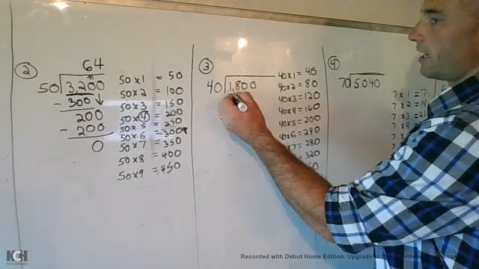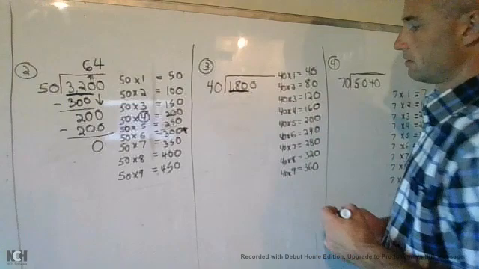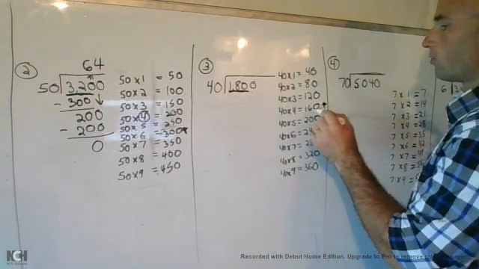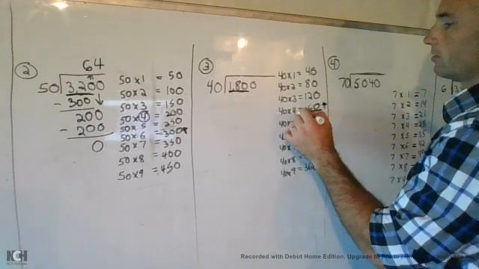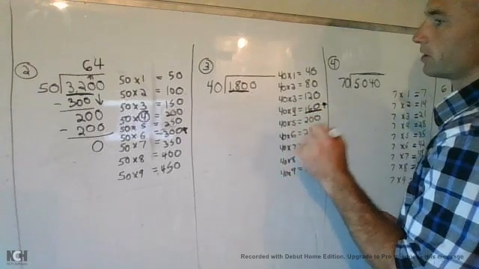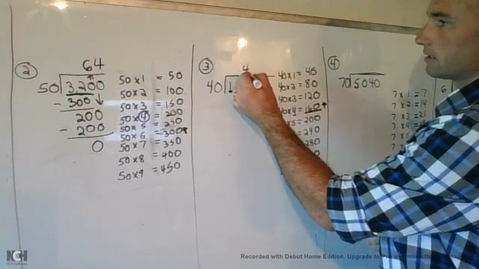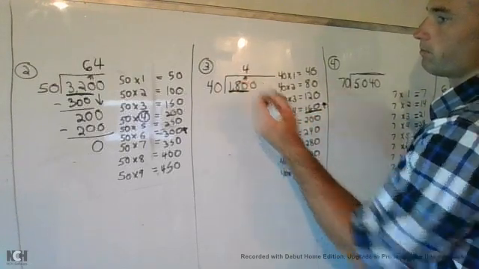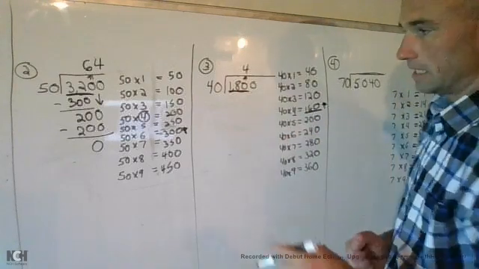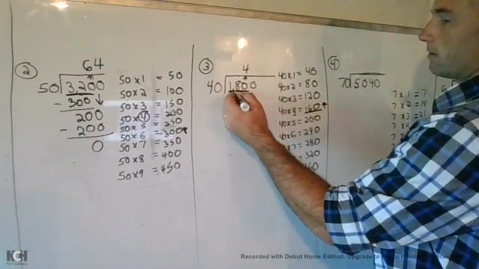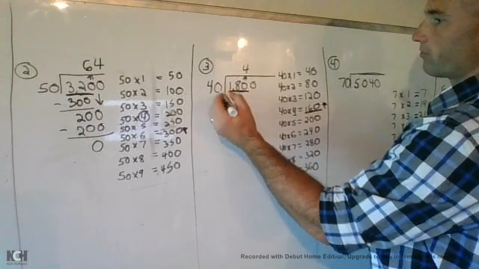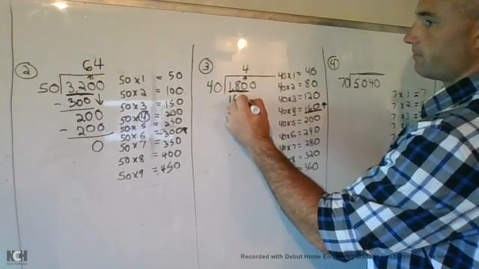40 going into not 18, but 180. Closest I can get to is 160. Took me 4 times to get there. Make sure you put the 4 in the right spot, in the right place value, above the 0 of 180. You get 4 times 40 equals 160.